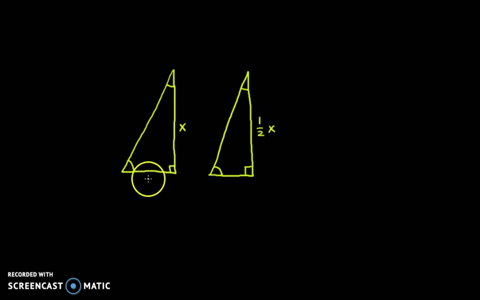So the question is, this one is h1, this one's h2, and what is the relationship between these two? I don't know. But maybe there's something I can do to solve this problem. If I know this angle, I'll call this theta 1, and this one's theta 1. I can actually do a little bit of trigonometry.